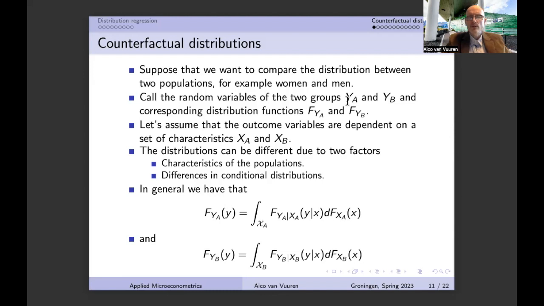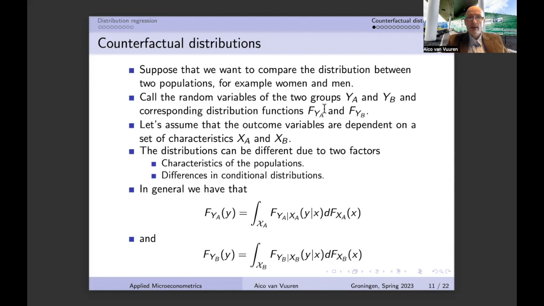Well, then it's of course not so strange that we are going to see that generally the distribution of the women is going to be a little bit more to the left than that of men, because even within genders, for example if we look at men, then we do know that if we compare the high educated men with the lower educated men, generally the higher educated men are in the right tail of the distribution function.